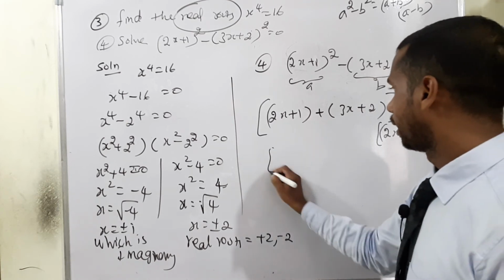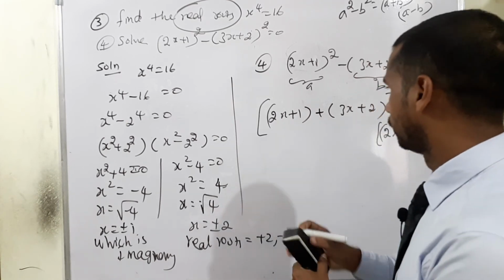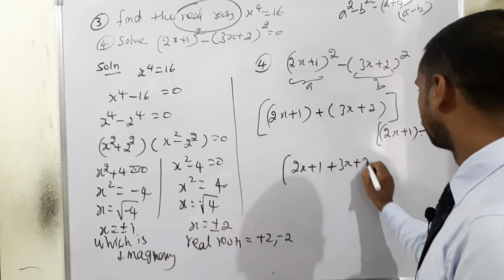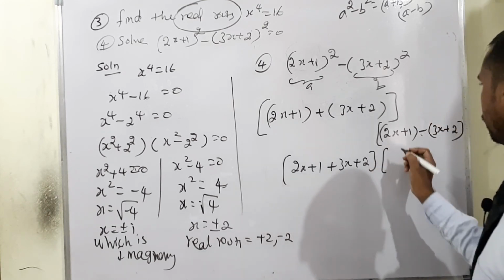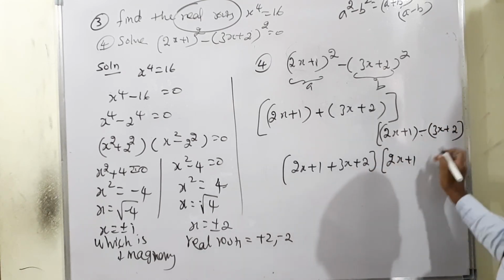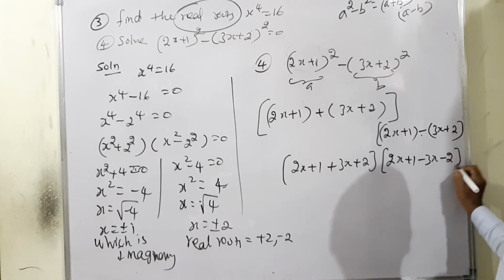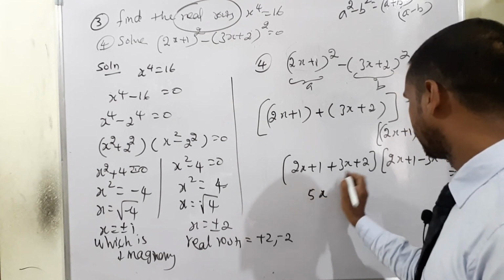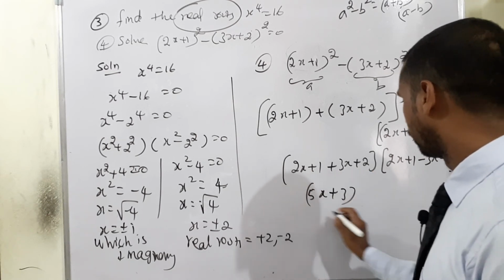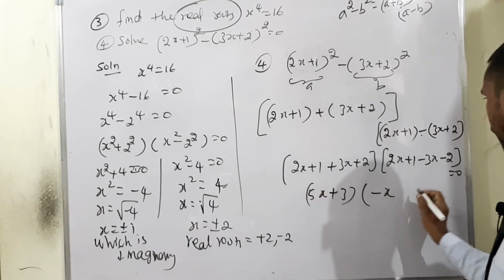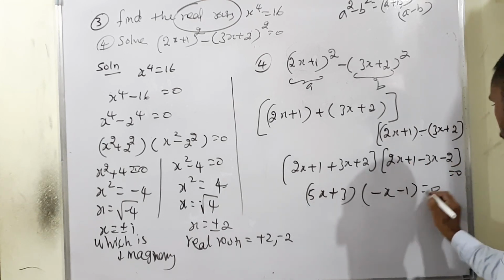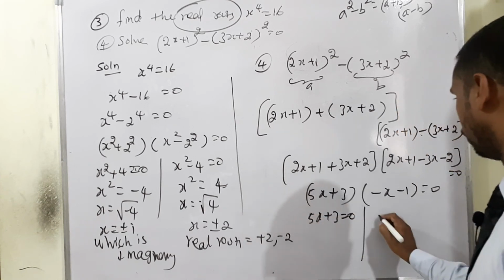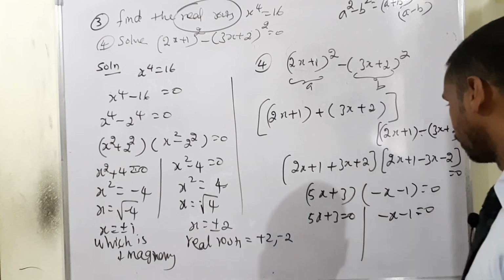Now split the terms. This is plus, no problem. So plus means 2x plus 1 plus 3x plus 2. Next case, 2x plus 1, remove the bracket, minus 3x minus 2, the whole term equal to 0. Therefore 2x plus 3x is 5x, plus 2 plus 1 is equal to 3. Next case, 2x minus 3x is minus x, plus 1 minus 2 is minus 1, equal to 0. So dividing into two parts: 5x plus 3 equal to 0, and minus x minus 1 is equal to 0.